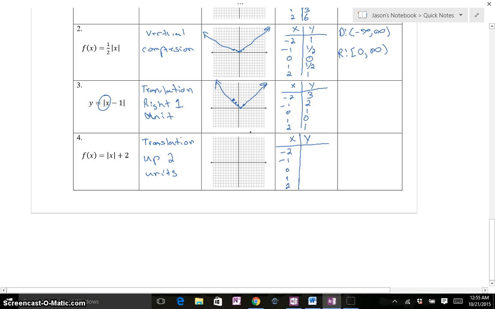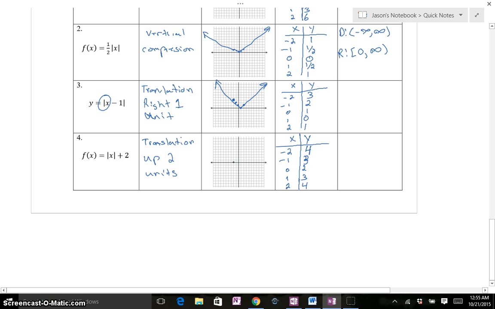The absolute value of -2 is 2. 2 plus 2 is 4. Absolute value of -1 is 1. 1 plus 2 is 3. Absolute value of 0 is 0. 0 plus 2 is 2. Absolute value of 1 plus 2 is 3 again. And then absolute value of 2 is 2, plus 2 is 4.